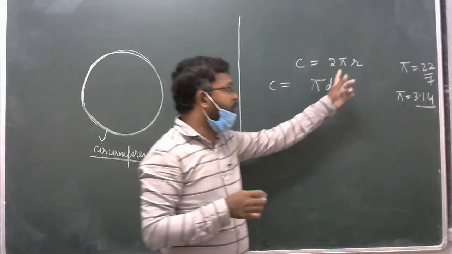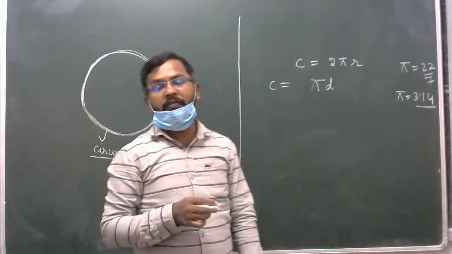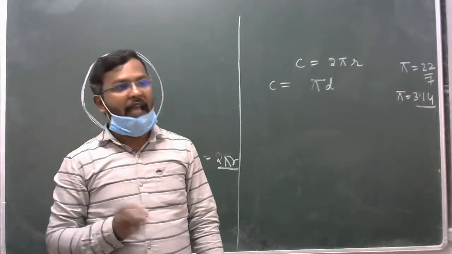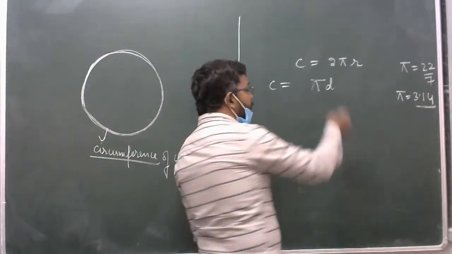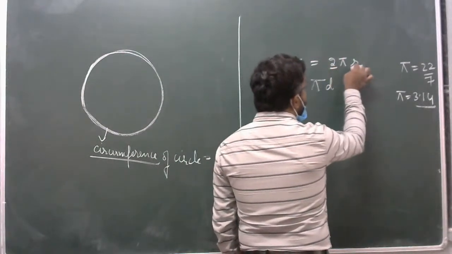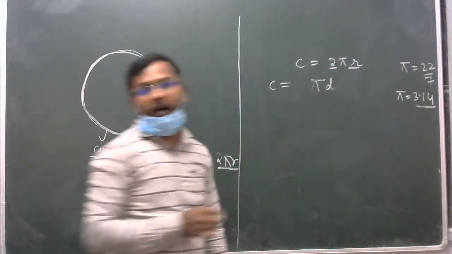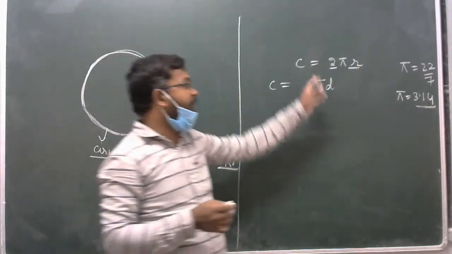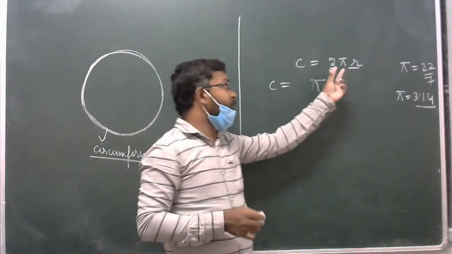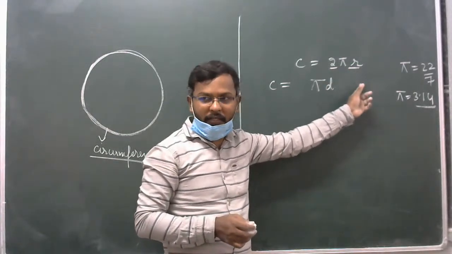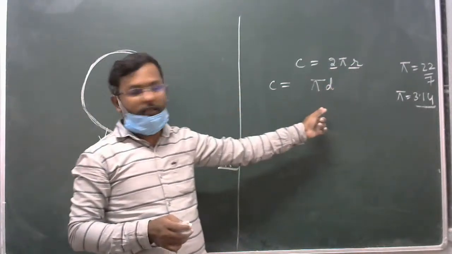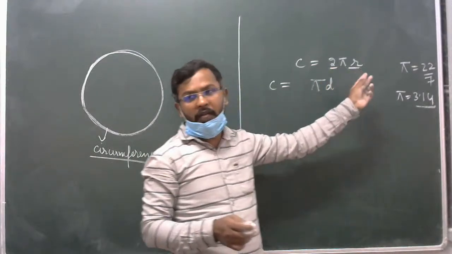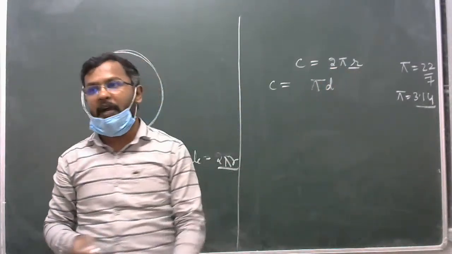Either we can use this formula or we can use that formula. What is the d? Diameter. So when you take 2 times r, that gives diameter. So either you can use this formula 2 pi r, or else you can use this pi d.